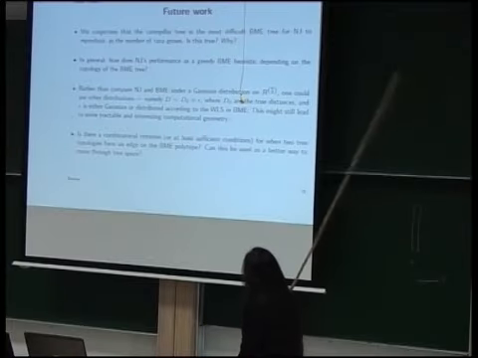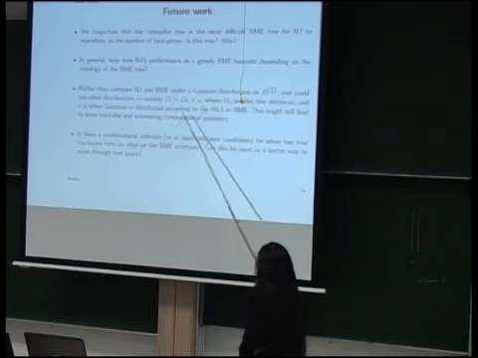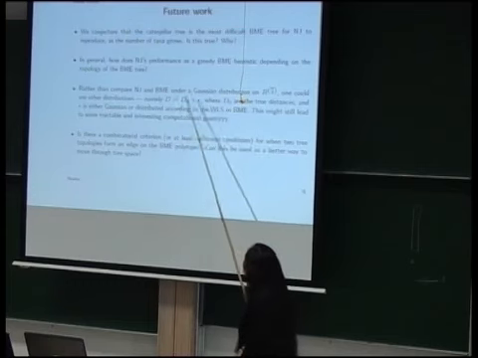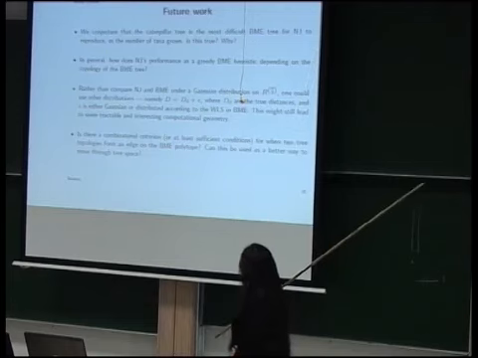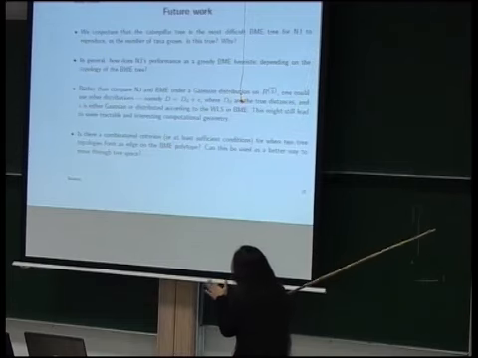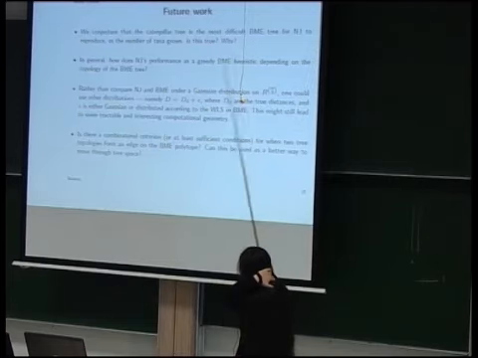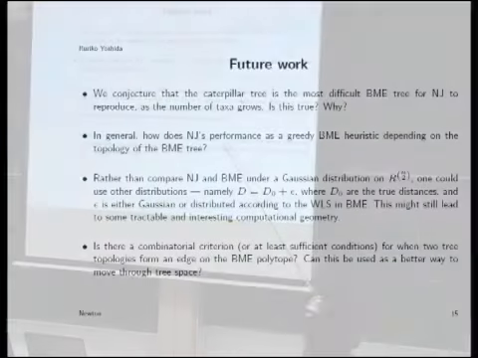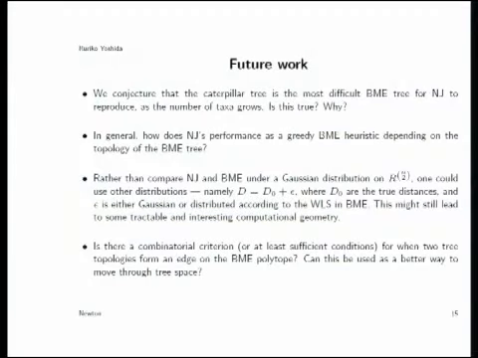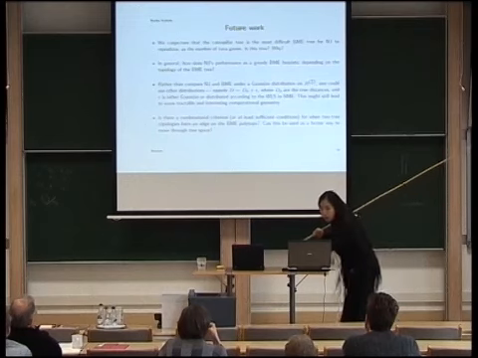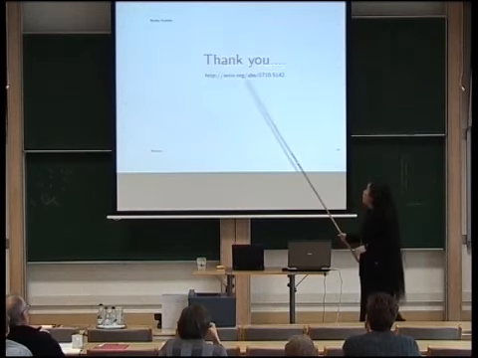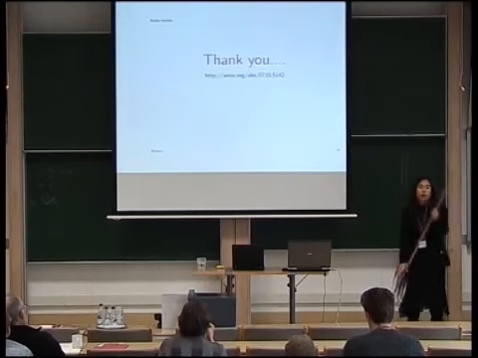And also, I'm working with Peter right now, and I would like to have a combinatorial description of the BME polytope for edges. Anyway, thank you so much, our paper is on the arXiv, and thank you for your attention.